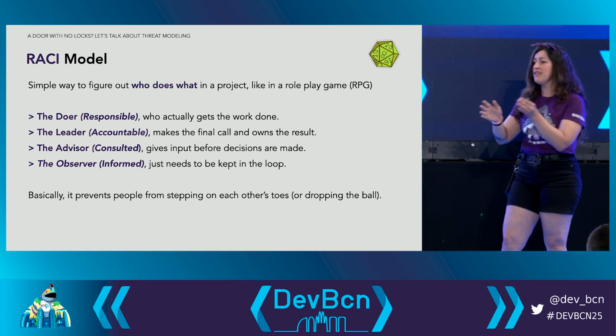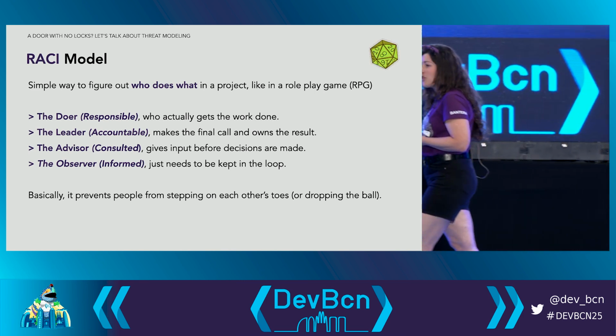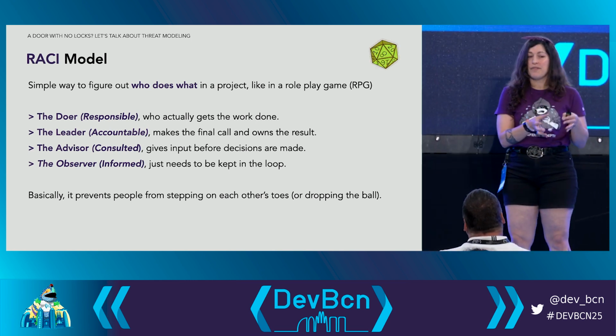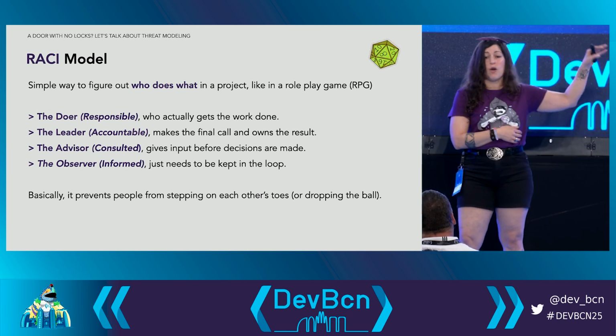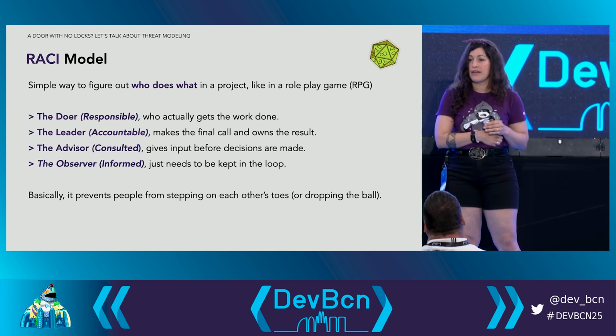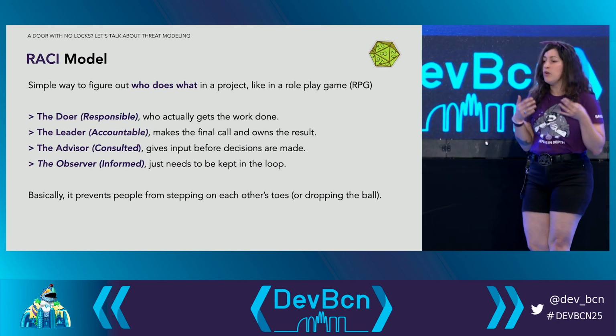It's how you distribute the different tasks in the threat modeling process. So everybody can be active in one step and then go and do their usual task and then be called when they're needed again. But you are making sure that everybody stays in the loop at all times.